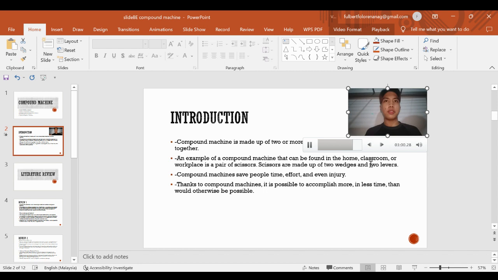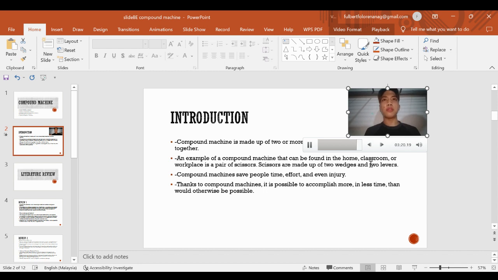Mechanical advantage of compound machines. The mechanical advantage of a machine is a measure of how the machine changes the force applied to it. Many machines increase the force applied to them, and this is how they make work easier.